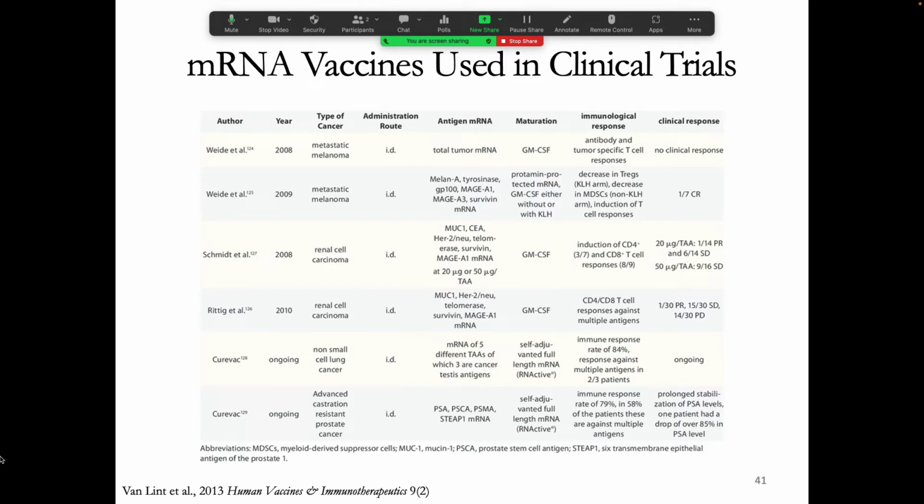Note that these are the publication dates. And you can see there's publications in 2008, 2009, of all of these things, each of which are for cancers. And so mRNA vaccines have particularly been under development as cancer vaccines for a very long time. And so we do know a lot about the safety profile of these mRNA vaccines from these clinical trials.